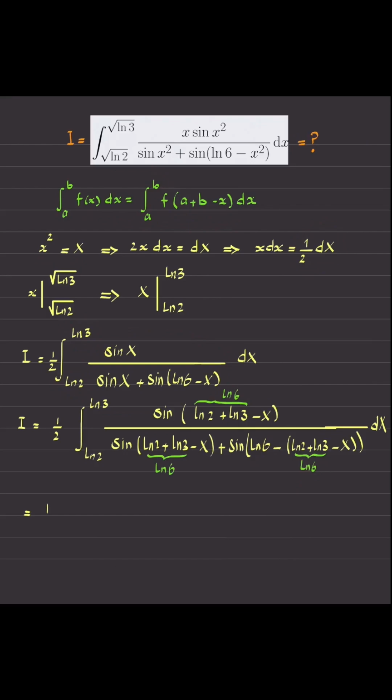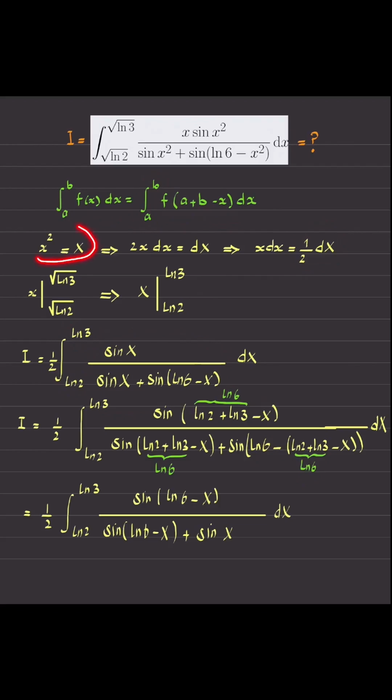So this becomes 1/2 integral of ln of 2 up to ln of 3 sine of ln of 6 minus x all over sine of ln of 6 minus x plus sine of x, and dx. Okay, so let me just review what we did.